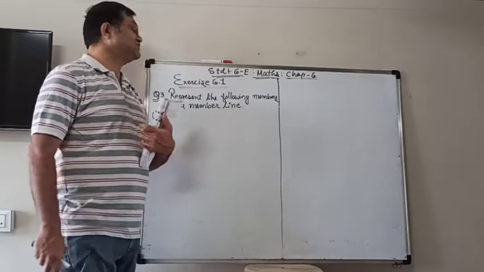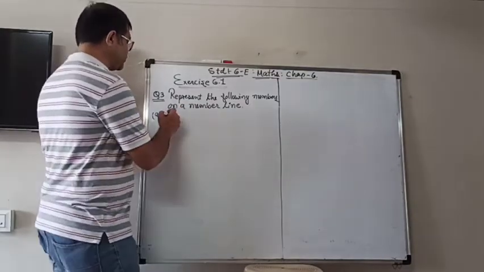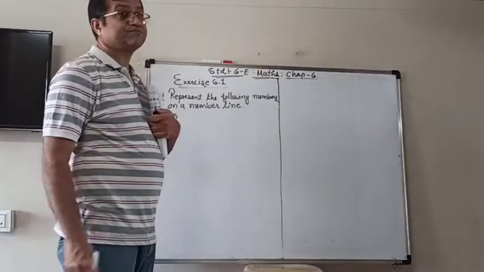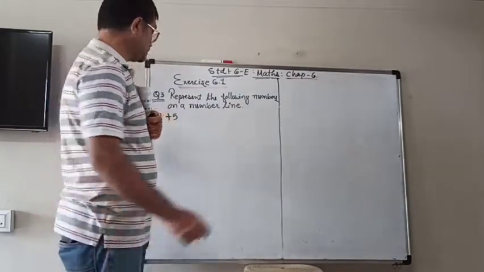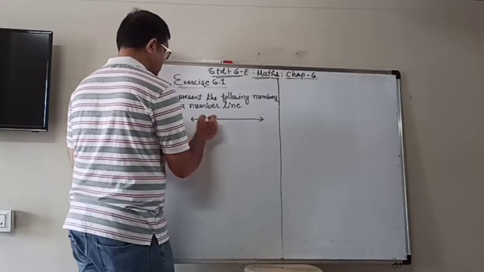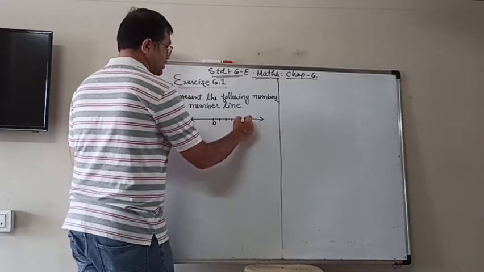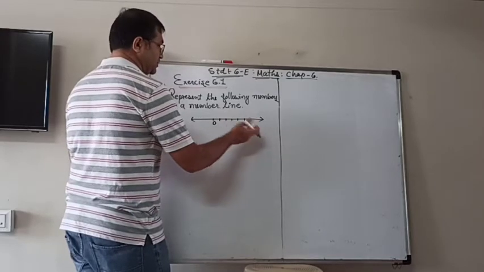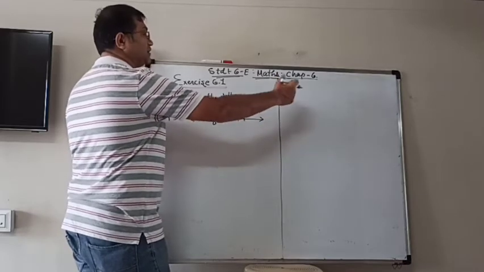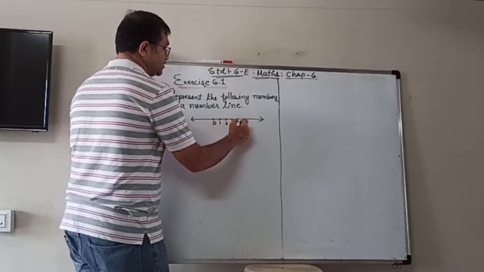Now question number 3. Represent the following numbers on a number line. First one given is plus 5. Now we know that plus 5 will be on the right side of the 0. If you put 0 here, then at the same distance, you have to use a scale, either 2 centimeter or 1 centimeter. 1, 2, 3, 4 and 5.